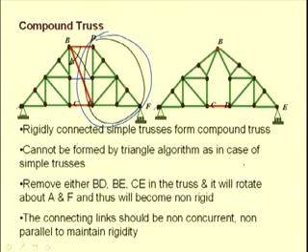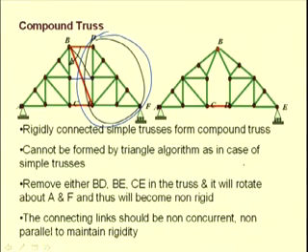So, this condition that the three links should be non-concurrent as well as non-parallel should be satisfied for the connection between two simple trusses to be rigid.